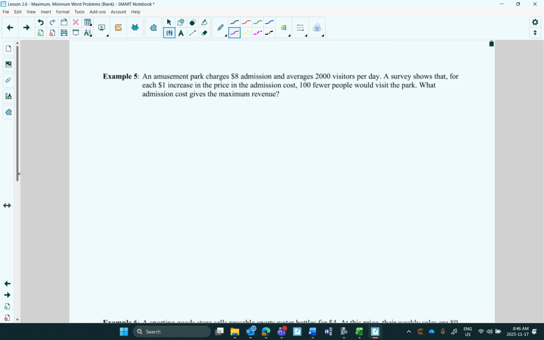What admission cost gives the maximum revenue? First of all, what does this word mean? Revenue. Anybody? Yeah, or sales. It's the money that you take in.